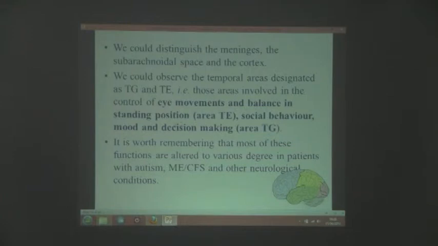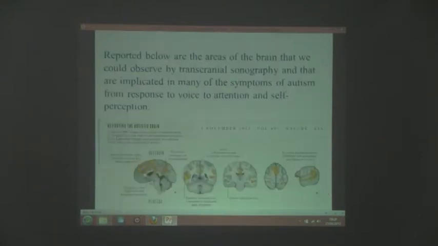Balance in the standing position, social behavior, no need to explain the importance of social behavior in autism and in CFS, mood, decision-making area, this is the area TG. And of course, we all know that these areas are affected, or control those functions, to be more precise, that are affected in a number of diseases from autism to CFS.